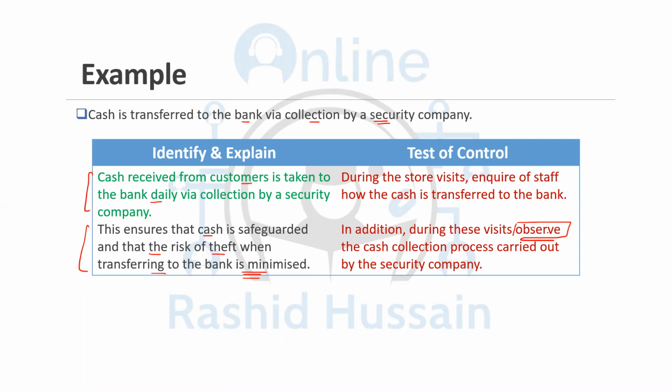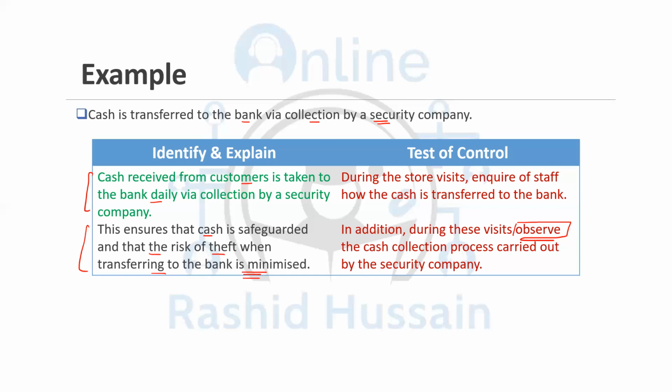And the second way is, for example, if unfortunately you didn't see anyone coming within the company and taking the cash, you can ask the employees or staff who is responsible for depositing the cash into the bank. If they say, usually we go ourselves to deposit the cash in the bank, then that means the system is weak. And if they reply that a security company comes, and they show you the documents as well, where the company collects the cash, signs, and writes the amount they are taking, then in that case, if they confirm that the security company is coming and taking the cash, that is the test of control.